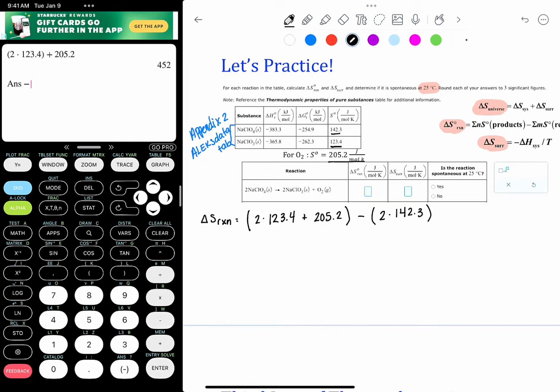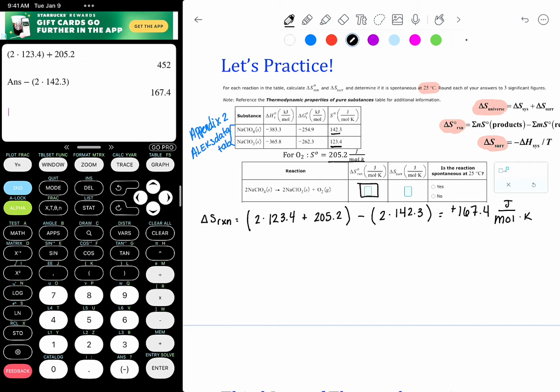And then we will subtract off from that 2 times 142.3. Double check my addition and subtraction, make sure I got that right. So we have a delta S of the reaction of positive 167.4, and that's going to be in joules per mole Kelvin. So that's our answer for our first portion of the problem.